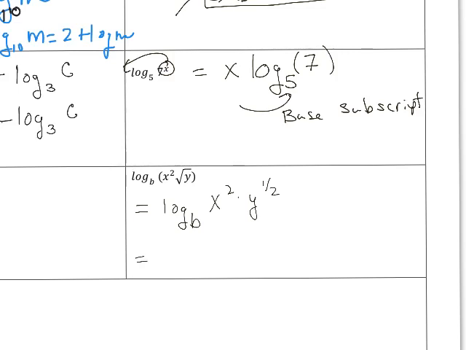And this one you pull the exponent in front and separate the multiplication as an addition sign. And there you have it for this portion. This is all with the expanding logs.